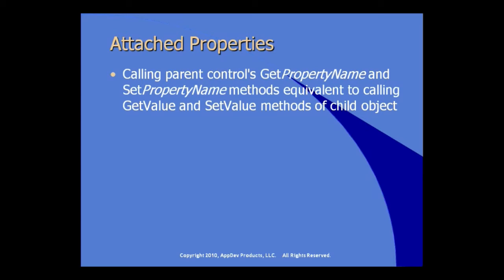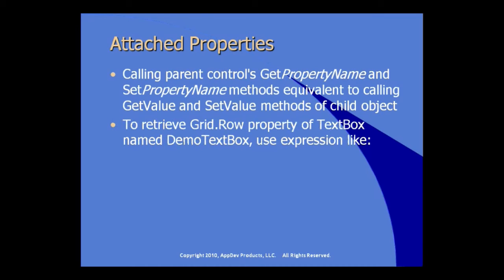Isn't this complicated? It's amazingly complicated, but it's important to understand what's going on. And to retrieve the grid.row property of a text box, whose name is demoTextBox, you might use an expression like this. demoTextBox.getValue, that's the method of the text box, and you pass it grid.RowProperty. Remember, the grid has a single field named RowProperty that you're using only to pass down to the DependencyObject's getValue method to get the value of that property for this control.